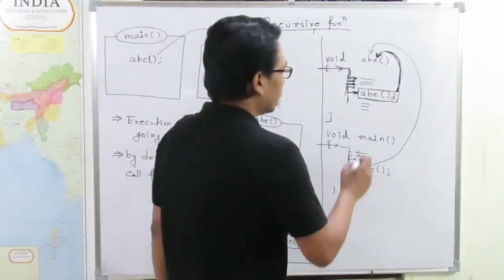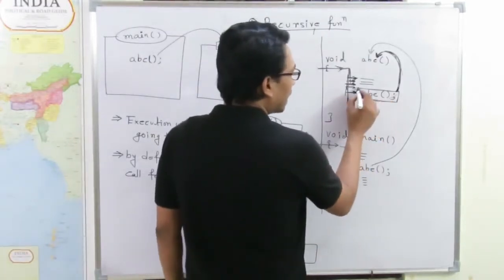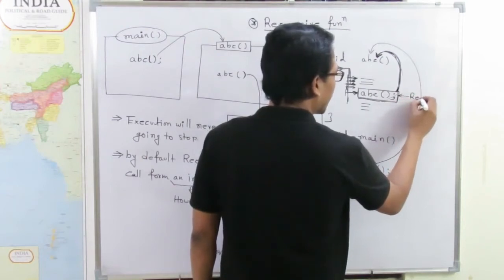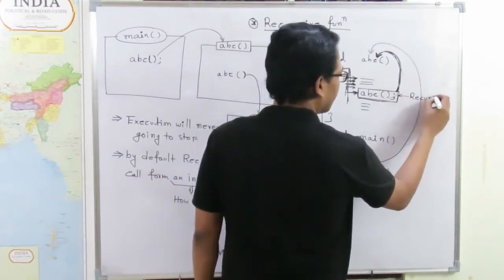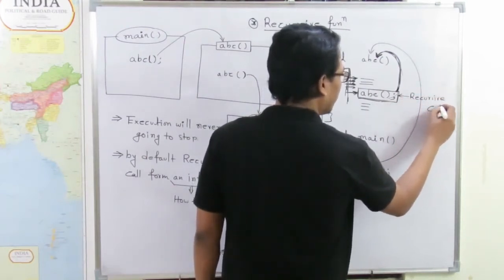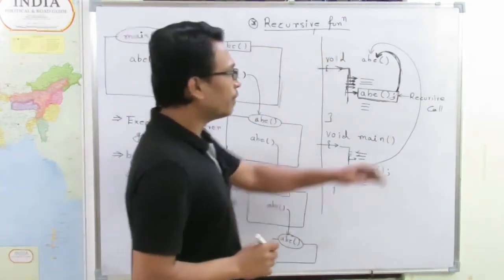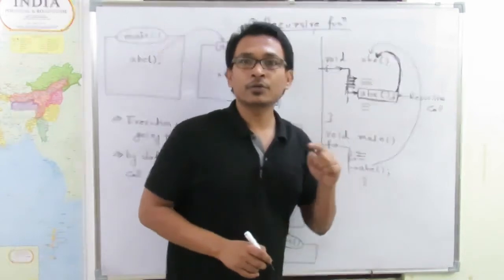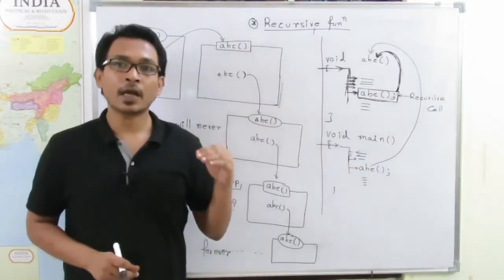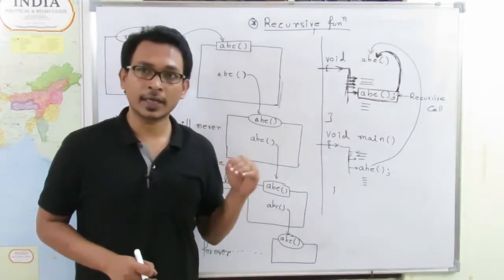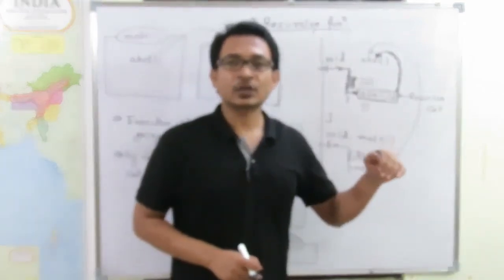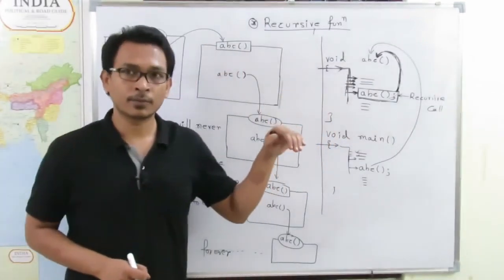That means above this recursive call, here this is called the recursive call. Before this recursive call of the function, we need to specify some termination condition so that we can control the infinite execution of the recursive program.